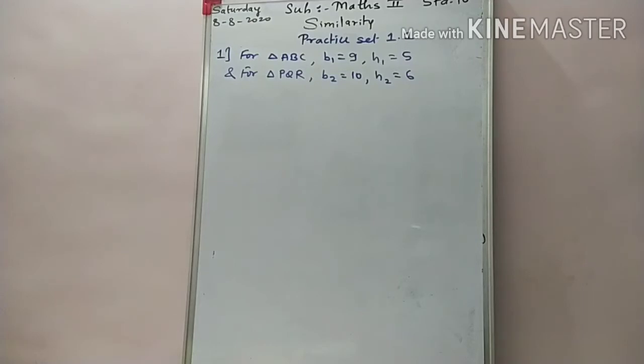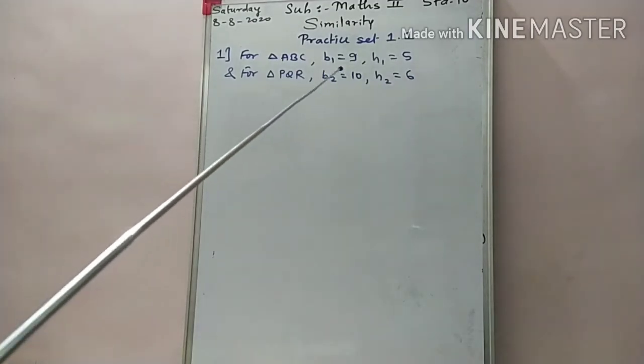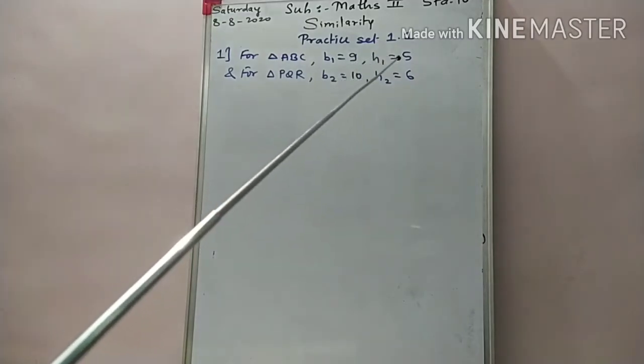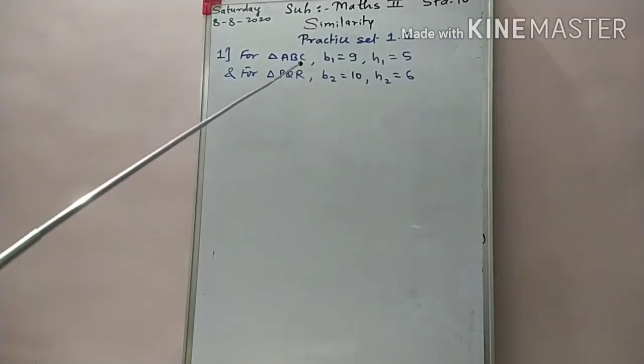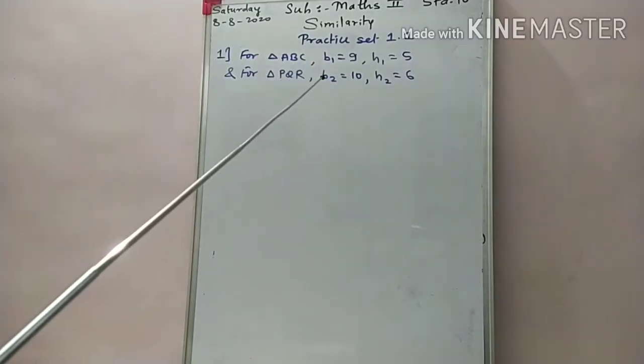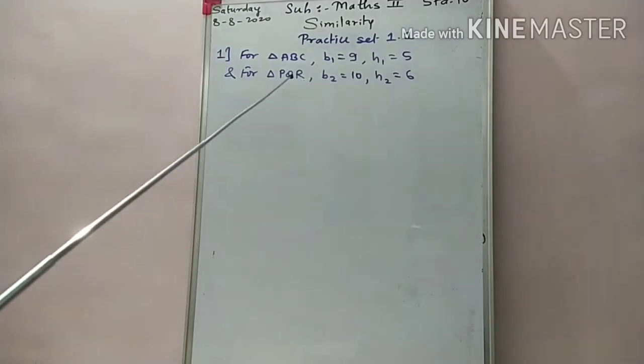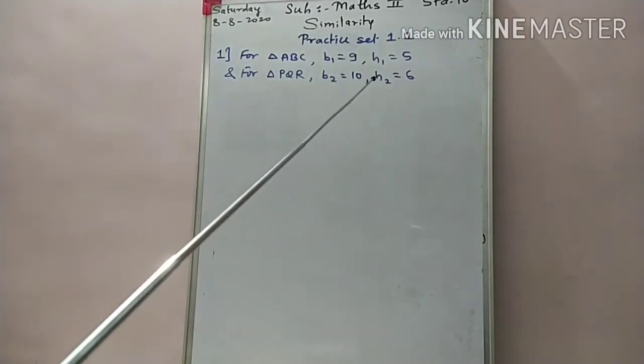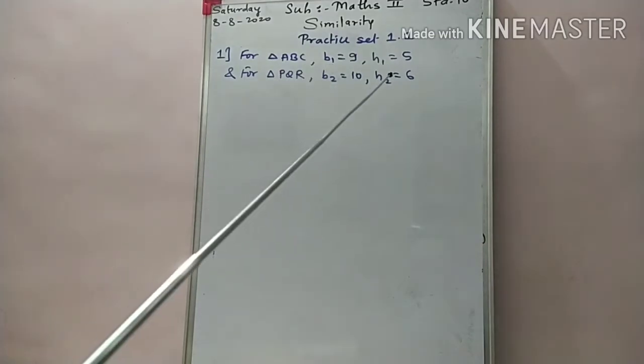According to the given condition, in the first triangle ABC the base B1 is 9 and height H1 is 5. For triangle PQR, the base B2 is 10 and the height H2 is 6.